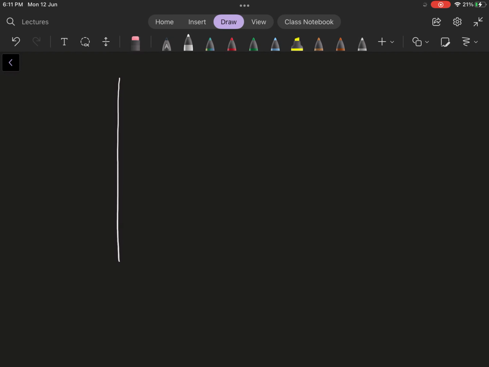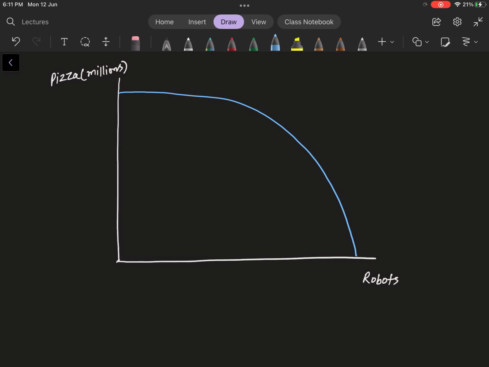Now assume that we are producing robots and pizza in an economy, and we take robots on the x-axis and pizza in millions on the y-axis. This is how the production possibility curve is going to look, bowed outwards, and we can label it as PPC. Now let's suppose that we have 1, 2, 3 robots and we label this as 7.